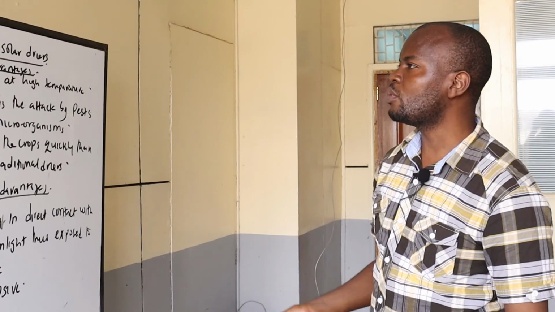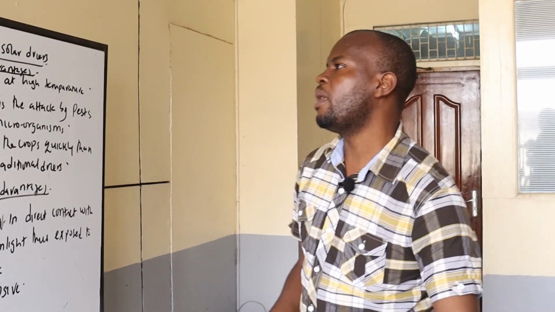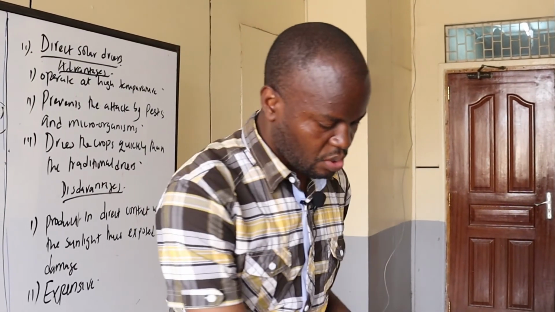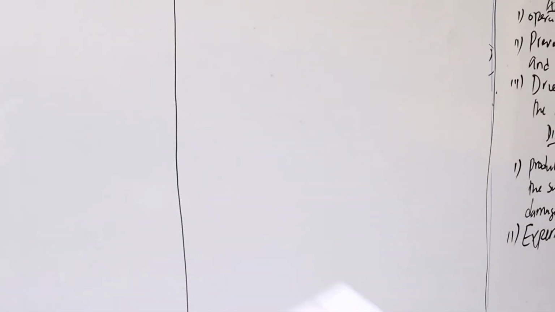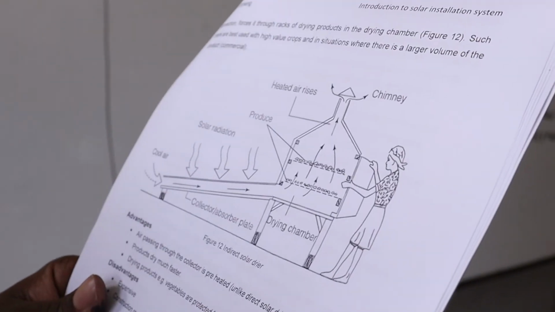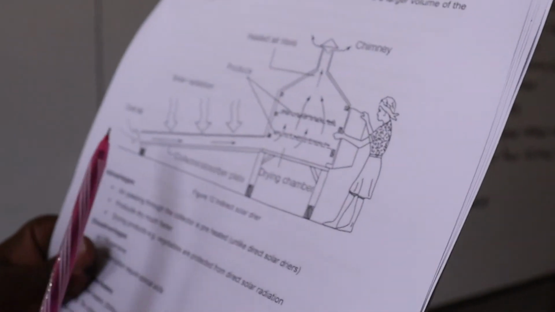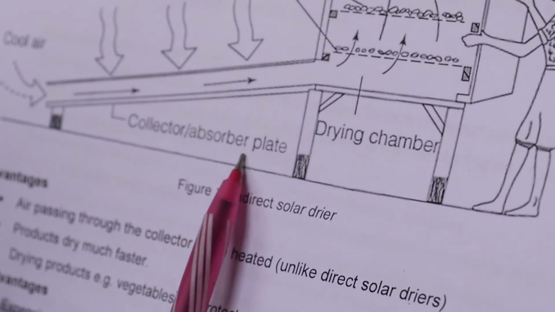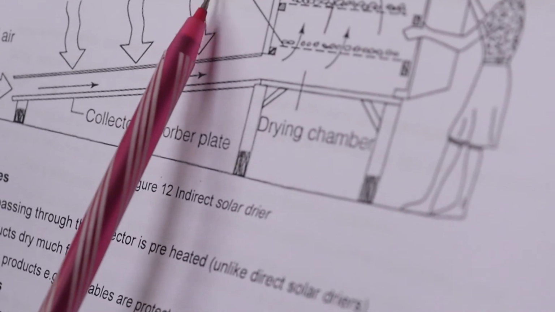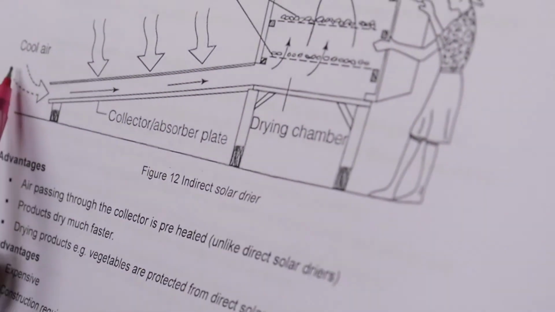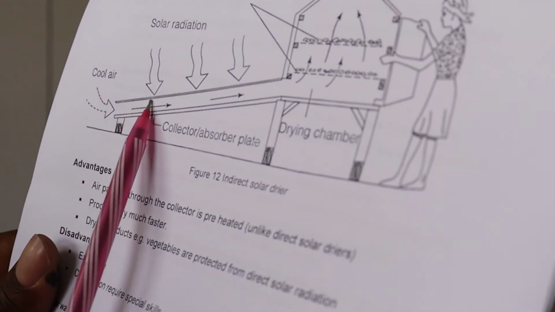So we can look at what the indirect solar dryer is all about. It is not directly exposed to the sun, but rather there is the collector here, whereby the collector will heat the air. So we have the cool air getting in.